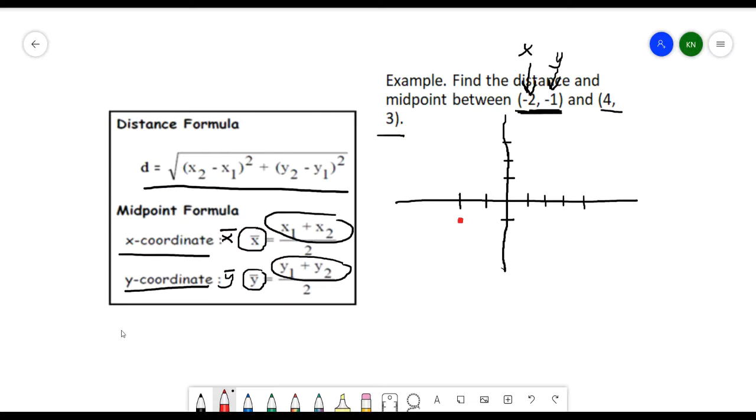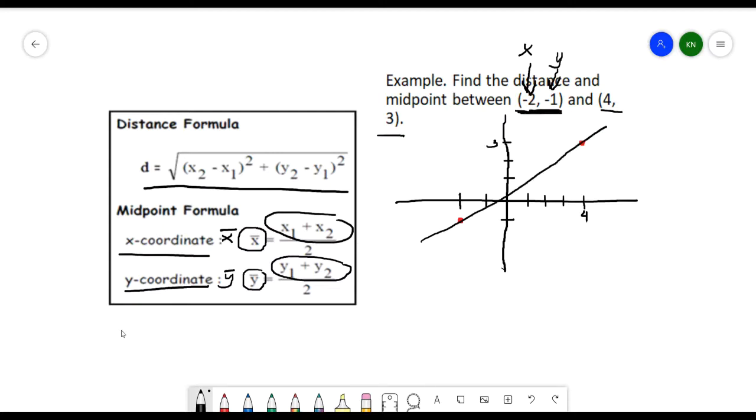And for the second set, we have 4 and 3. This is the +4 and this is the +3. If we plot that on our Cartesian plane, that is located somewhere in this point. So let's connect the dots to form a line.